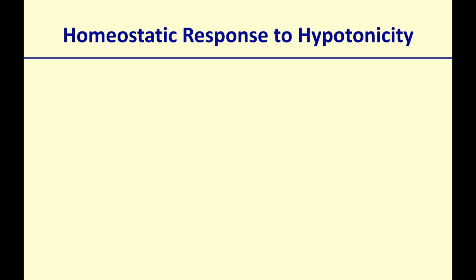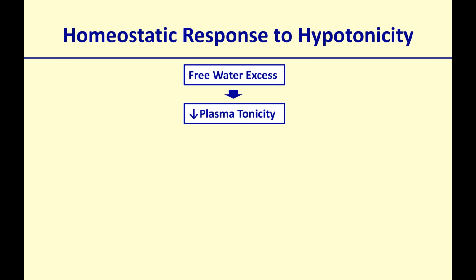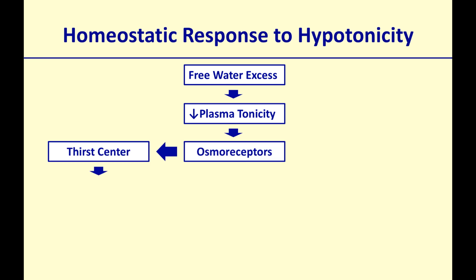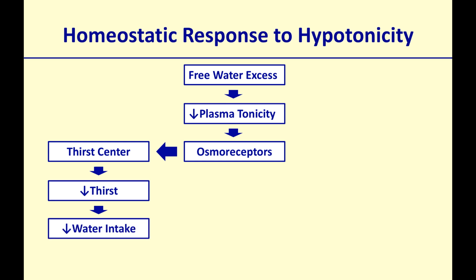On the other side, when you have low plasma tonicity or hypotonicity, which is implicit that there is a free water excess, that will actually be sensed by the osmoreceptors, which will send signals to the thirst center to decrease the thirst and decrease the water intake.